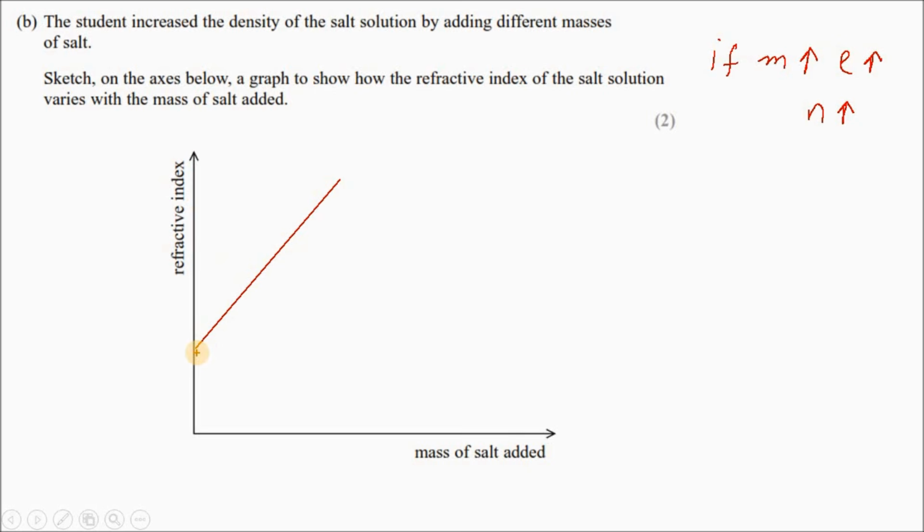The reason is the minimum refractive index is 1, which is for vacuum, and refractive index can never be 0. That's why the graph should not pass through origin. So that's how you can sketch the graph.